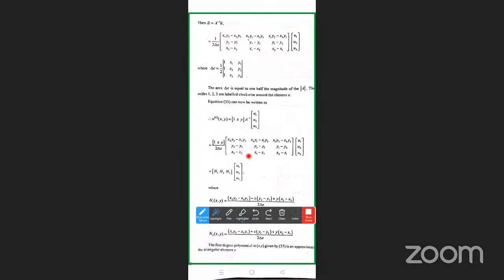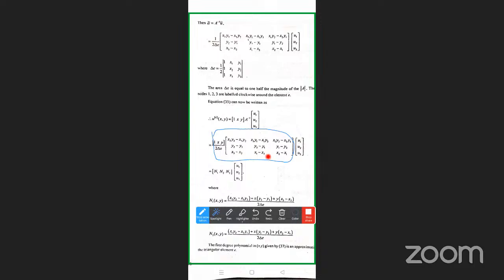A inverse is 1 by 2 delta E, the determinant, into the adjoint of A, into u1, u2, u3.